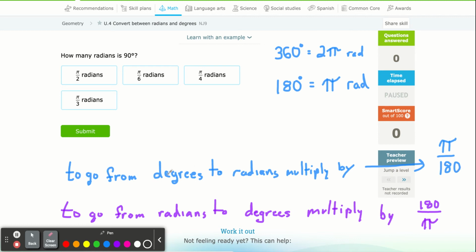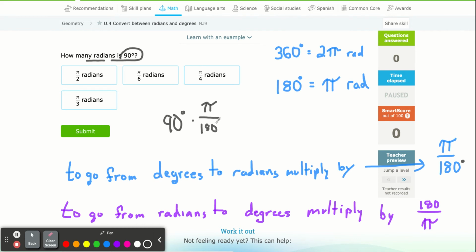If we're going to go from degrees to radians, like this first problem, I'm going from 90 degrees and I want to see how many radians that is. So going from degrees to radians, I multiply by this ratio of pi over 180. I just take 90. I really should put a little circle here to make sure you realize that's degrees. 90 degrees times pi over 180 degrees.